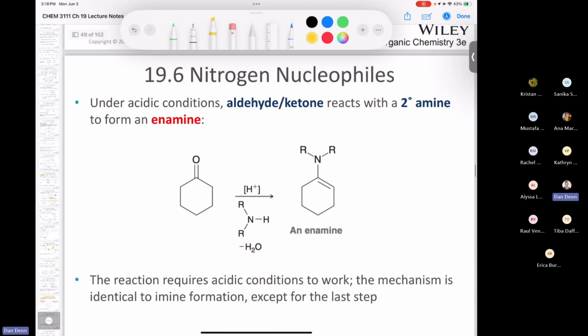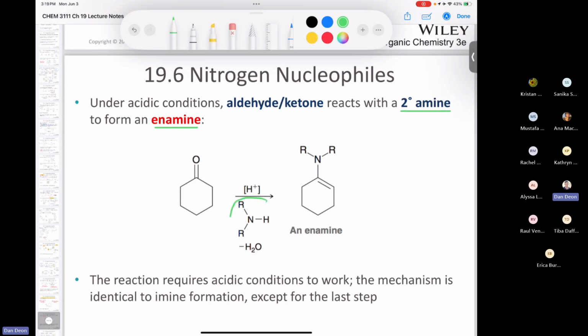So what if you have a ketone and instead of an aldehyde, you have a secondary amine? If you have an aldehyde or a ketone and you have a secondary amine instead of a primary amine, well, in that case, we don't get an imine. We form what's called an enamine. So we form an enamine from a secondary amine.